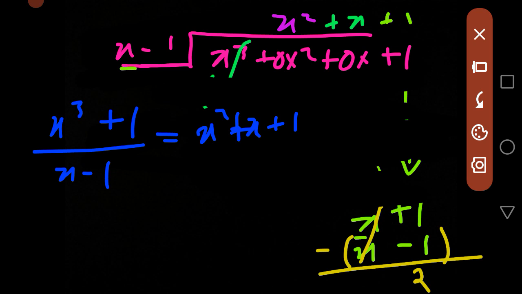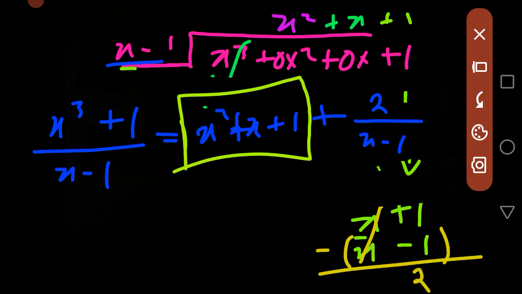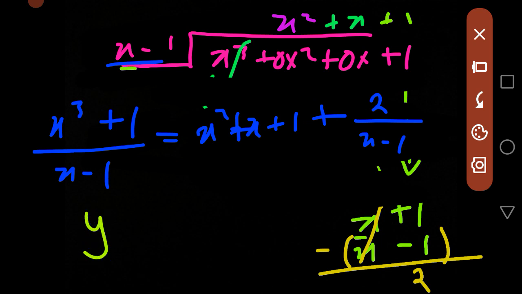This was my perfectly good quotient here. But then I also had the remainder of 2, 2 over x minus 1. Good. But I'm only interested in my oblique asymptote, and my oblique asymptote is only found in this portion. So my oblique asymptote, y, is going to be equal to x squared plus x plus 1.